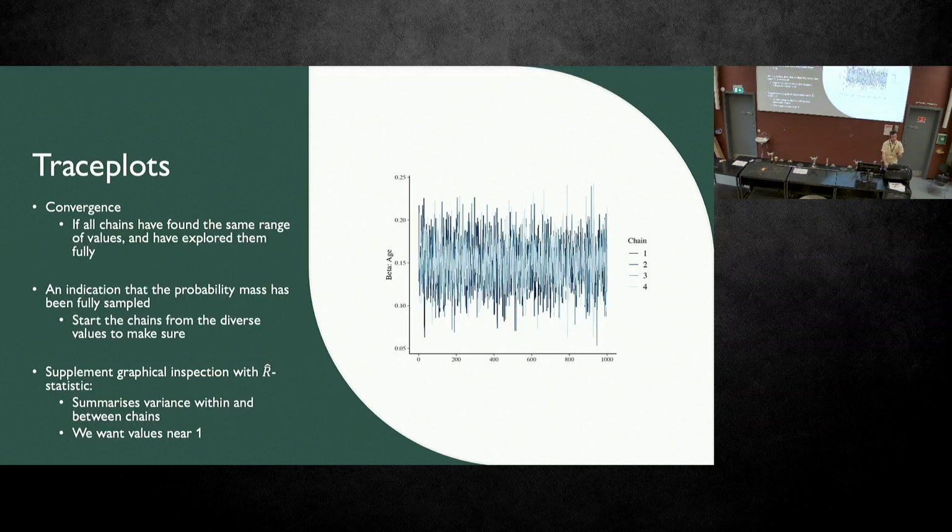What we want are values near 1 for our R-hat. All that says is that the amount of variance of a particular chain's sampling is consistent with the amount of variance for the other chains' sampling. There are a few different ways of calculating the R-hat, so you might see small differences between different packages. Just something to be aware of.